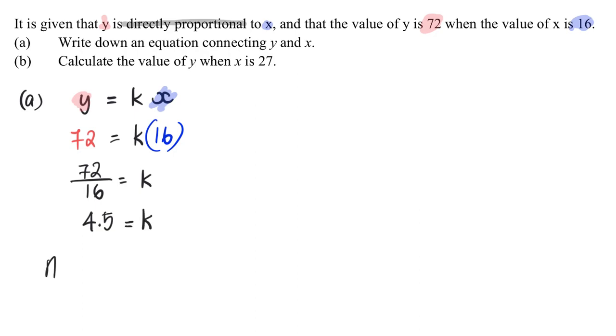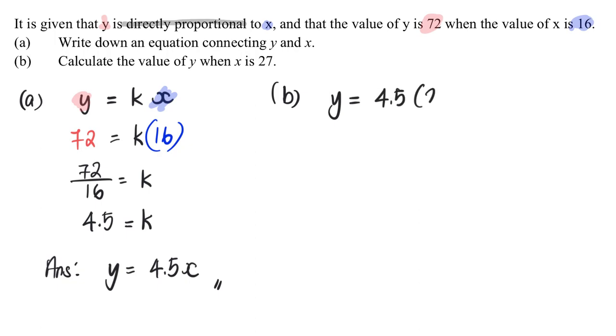So for part A, the answer, y is equals to 4.5 times x. Done. For part B, then find the value of y when x is 27. And we are done with this example as well.